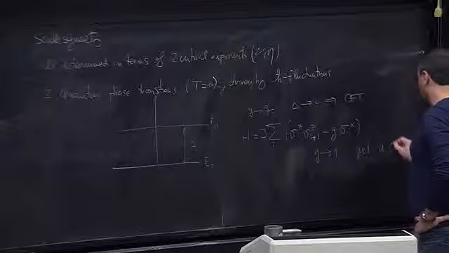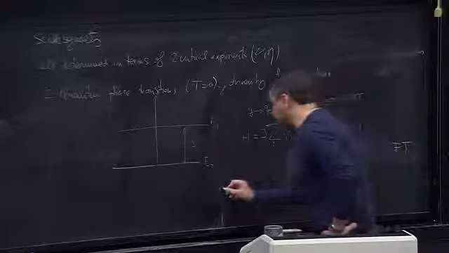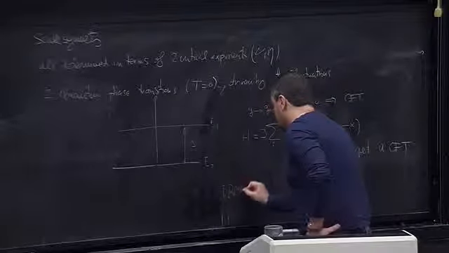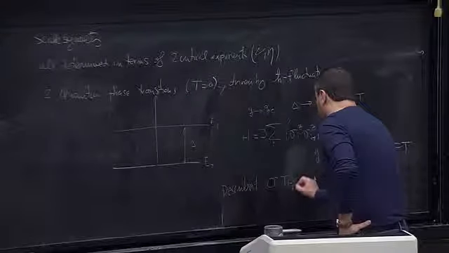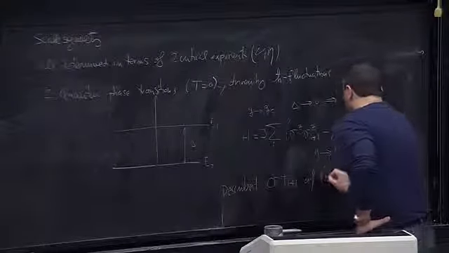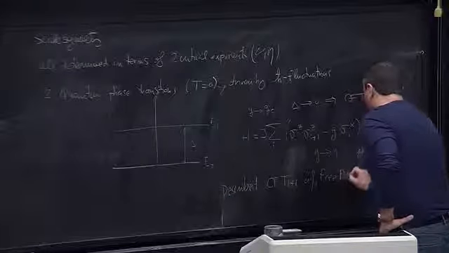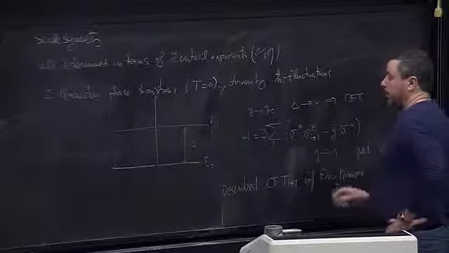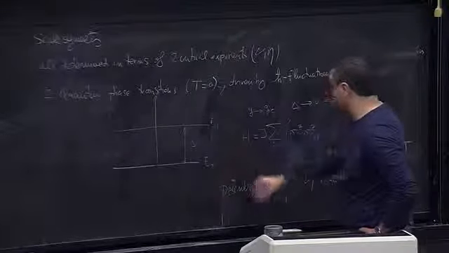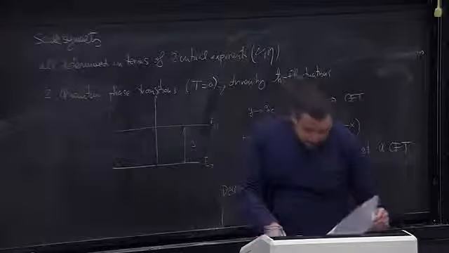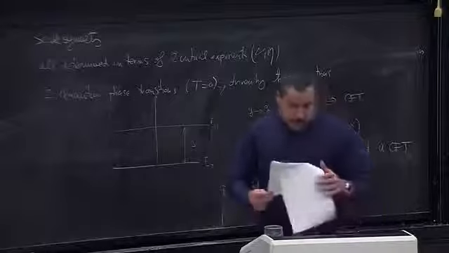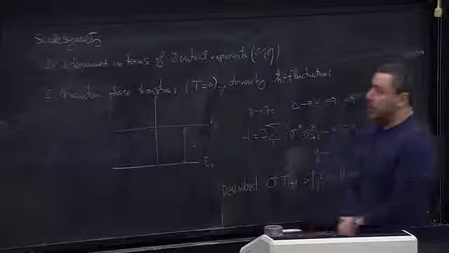And actually, you will probably study this CFT next week. This is described by a CFT in 1+1 dimensions of a free fermion. So you're going to study all the properties of this critical point by this continuum field theory. Okay.